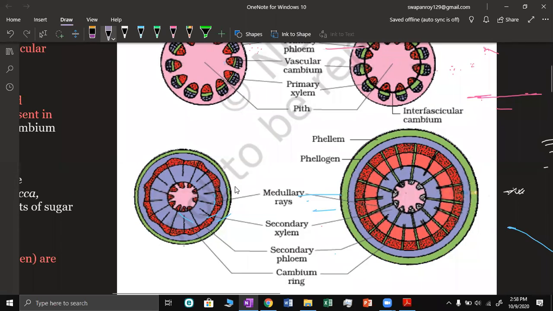Here, this is showing the stelar region. The secondary growth here is in the green portion. Here is written phellogen. This phellogen is the cork cambium.